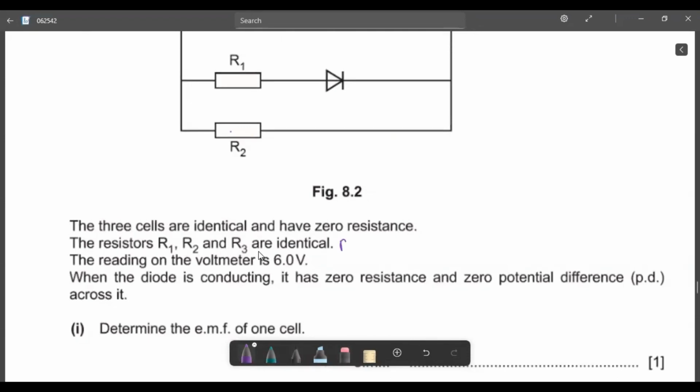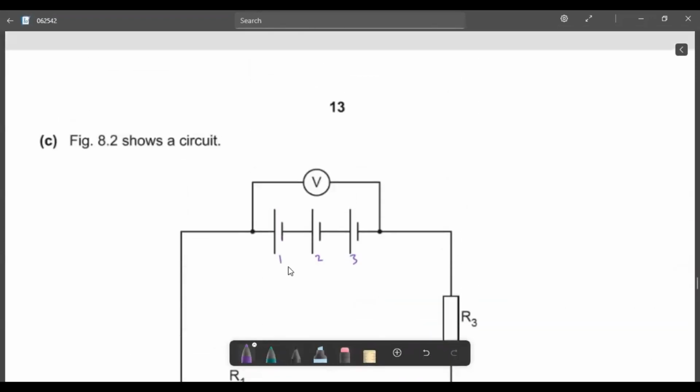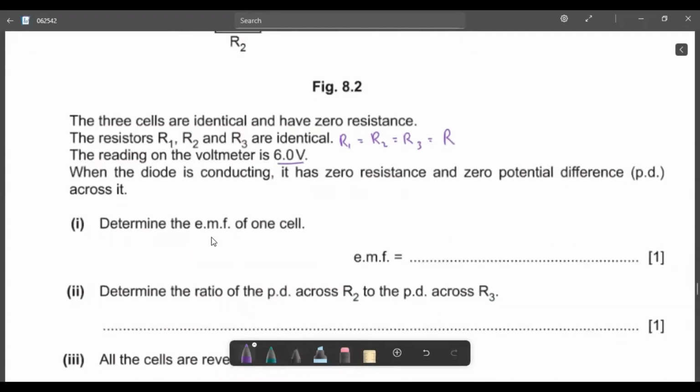So we can conclude that R1 is equal to R2 is equal to R3. That can be written as R. The reading on the voltmeter is 6 volt. So the total voltage is 6 volt. As they are identical cells, the drop across each cell will be same. When the diode is conducting, it has zero resistance and zero potential difference. That means the diode is ideal.